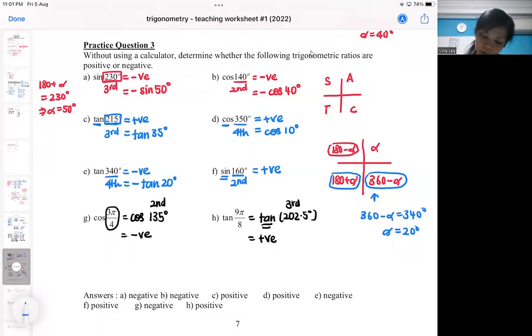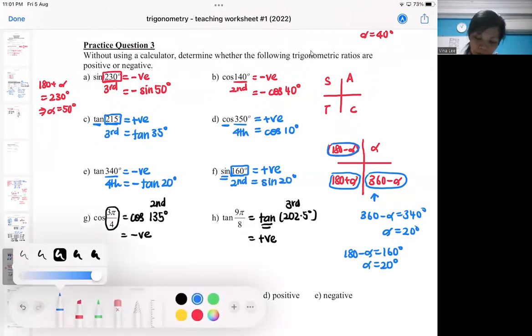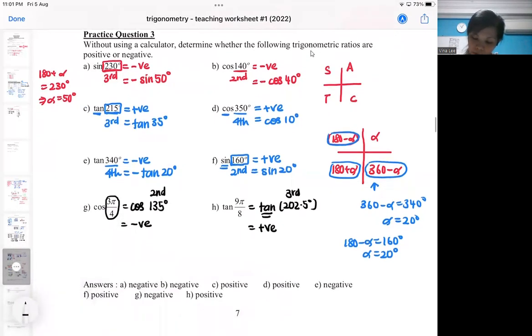160 is second quadrant. Take this formula, 180 minus alpha is 160. So you can tell it's 20. Once you get used to it, you don't even need to do all this. Mentally, you can tell the basic angle already. So that will be sine 20. 135 is second quadrant.